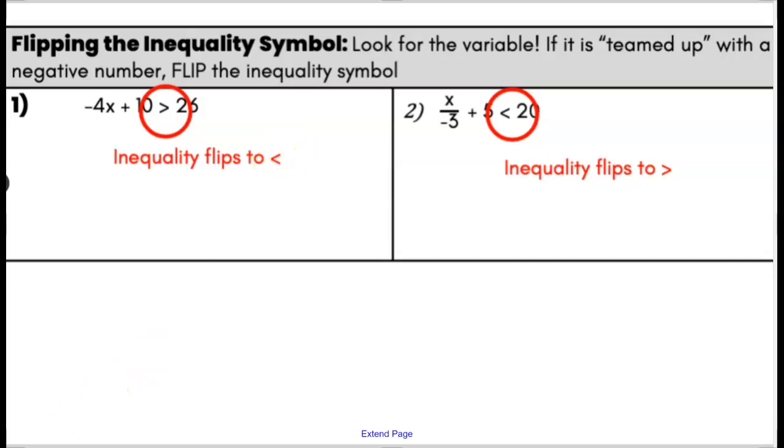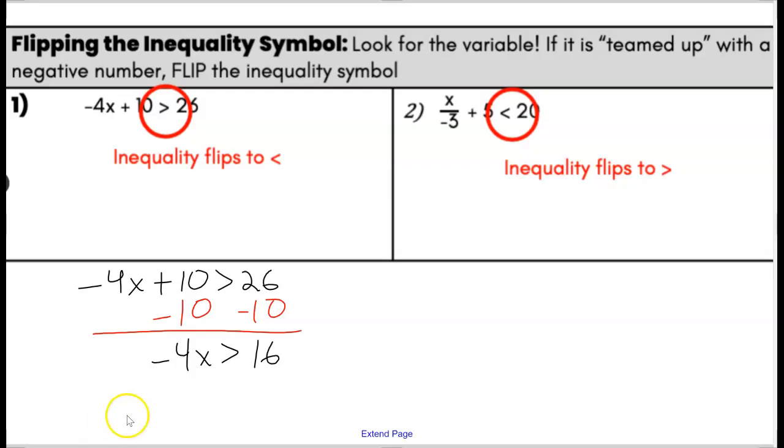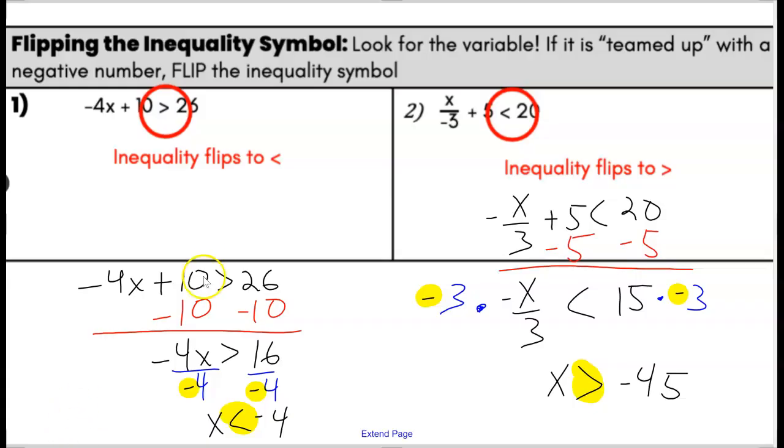But I went ahead and worked it out. And like I said, and actually, there it is. Now it's completely worked out. So I worked it all the way out and showed that you could divide by that negative number here, and you're going to flip the sign at the end. Over here on this one, the x is teamed up with a -3, right?